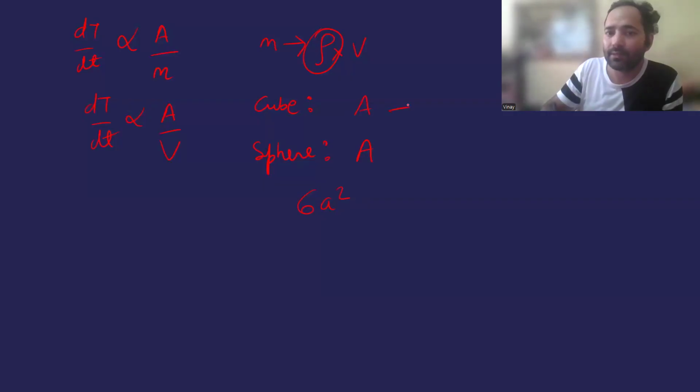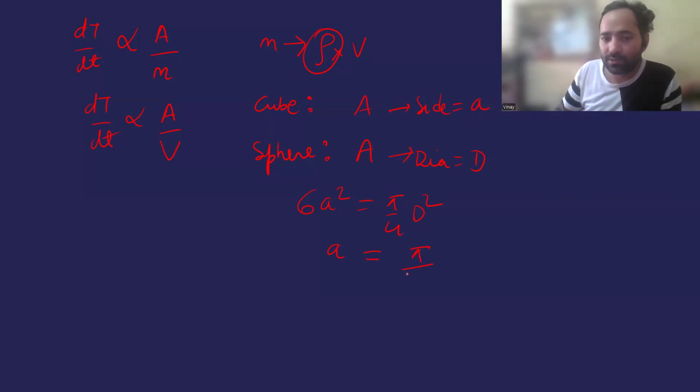Let's say a is the side, and assume its diameter is d. This is equal to what? Pi by 4 d squared, right? So the side of the cube will be equal to (pi upon 24) to the power half into d.